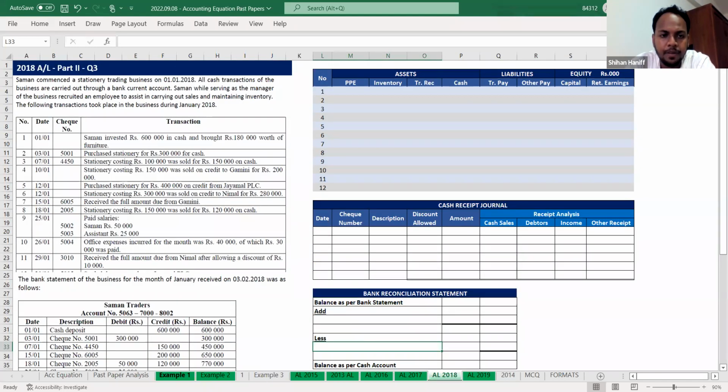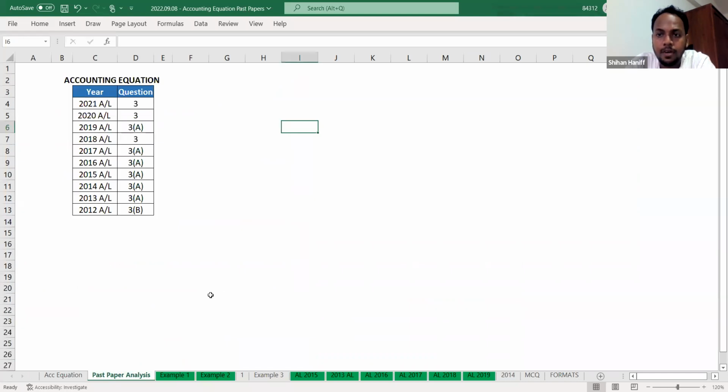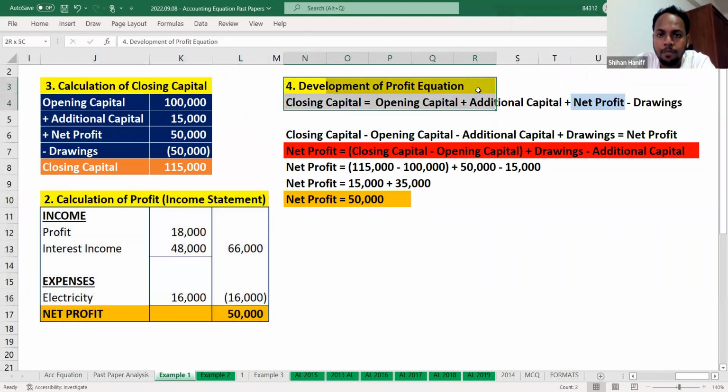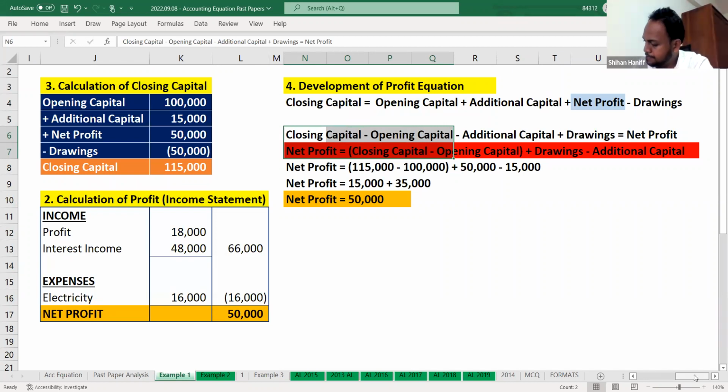Then you will also have an MCQ question, which will be either from the accounting equation or the profit calculation, the profit equation. We did the development of the profit equation, so we discussed this as well.